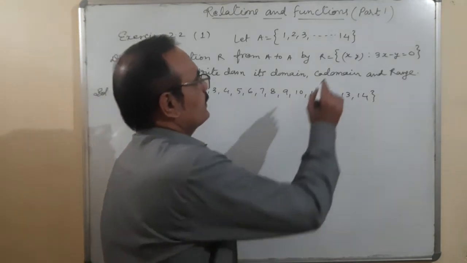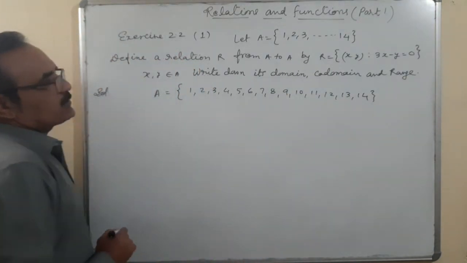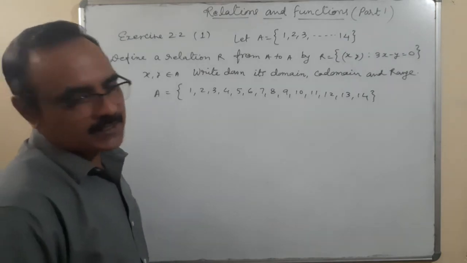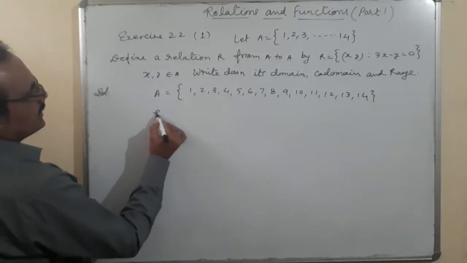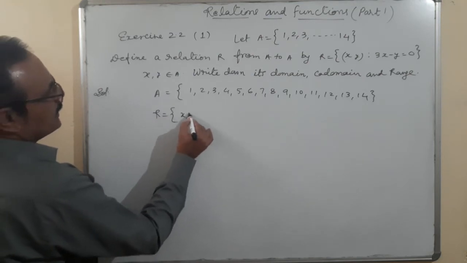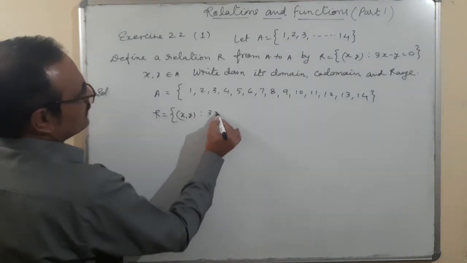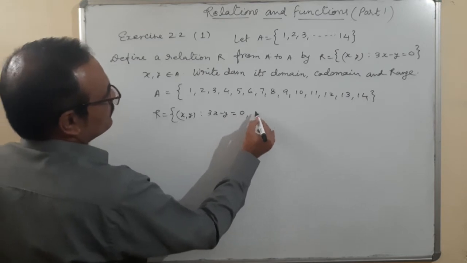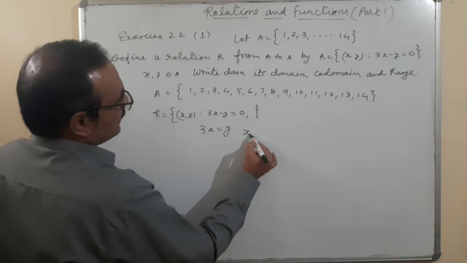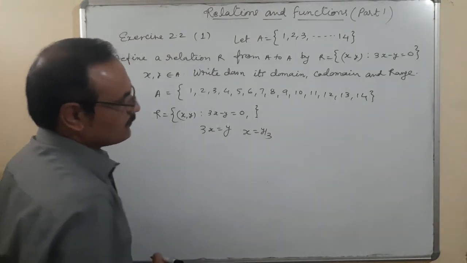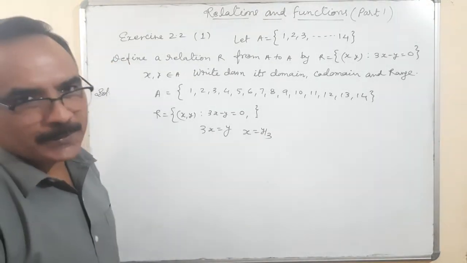Now let us see 3x minus y is equal to 0. This condition is given. Relation R is equal to {(x, y) such that 3x minus y is equal to 0}. That means 3x is equal to y, x is equal to y by 3.